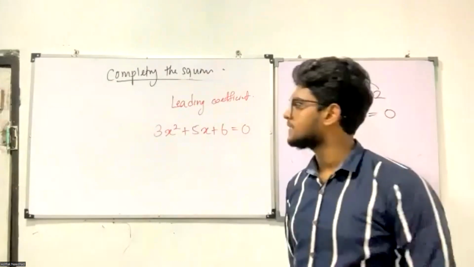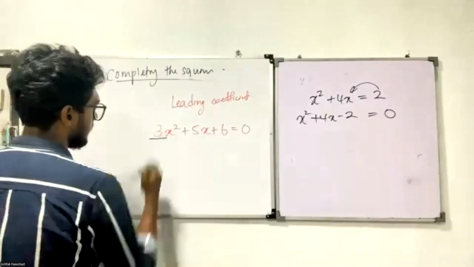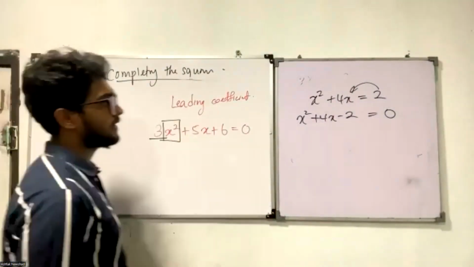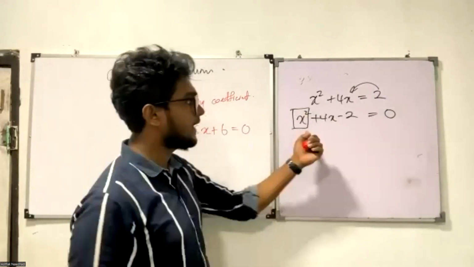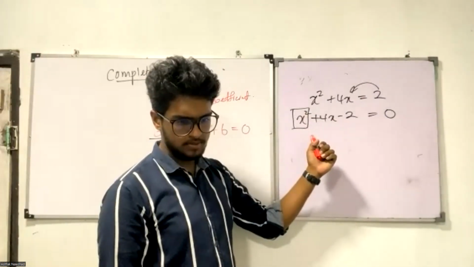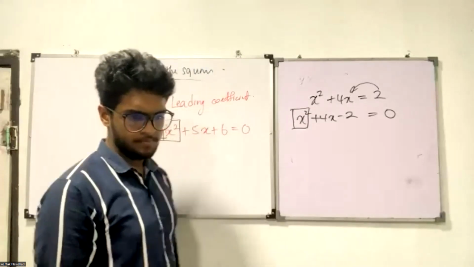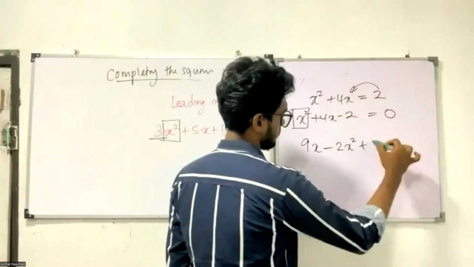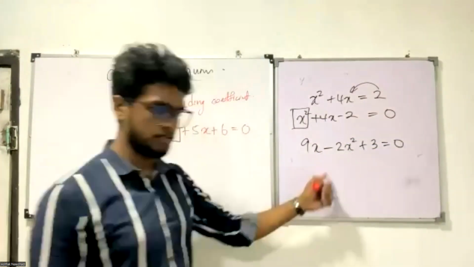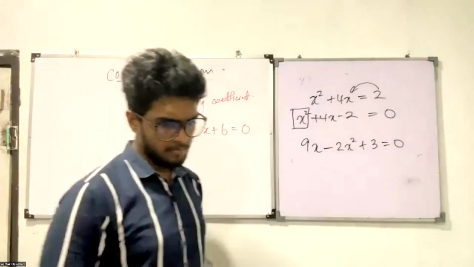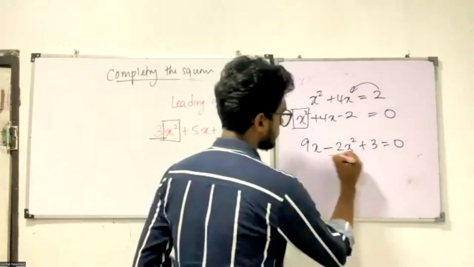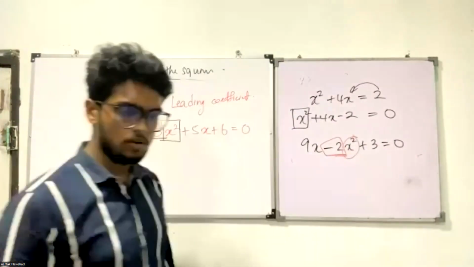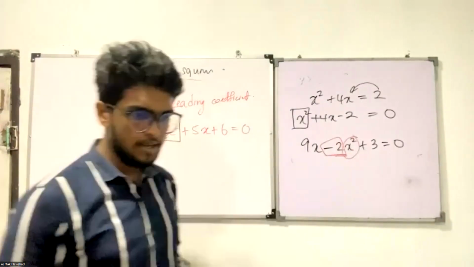Yes. The leading coefficient is 3. The leading coefficient is the coefficient of the quadratic term, the coefficient of the x squared term. In here, what is the leading coefficient? 1. And here, what's the leading coefficient? The leading coefficient is minus 2. Why? It's the coefficient of the quadratic term. Is that clear?